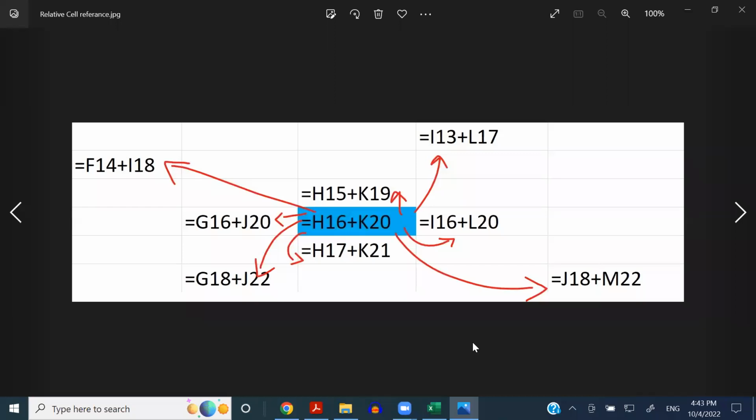This particular picture is for you to understand how a formula is being copied relatively. So it's the blue color cell that has the original formula. These arrowed cells are the places that I'm going to copy. So it changes accordingly. You may draw it like this so you can understand. This is the way it's going to copy relatively.